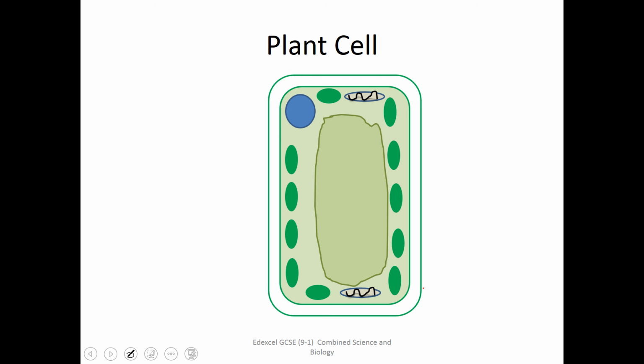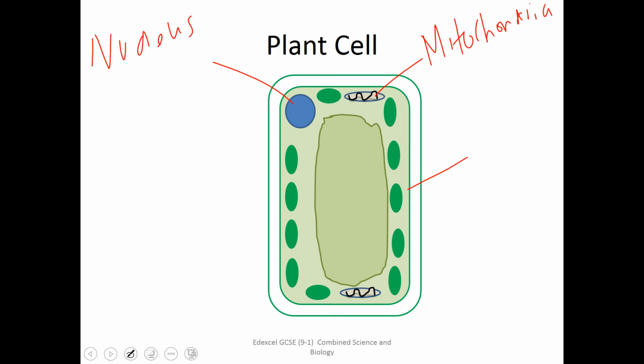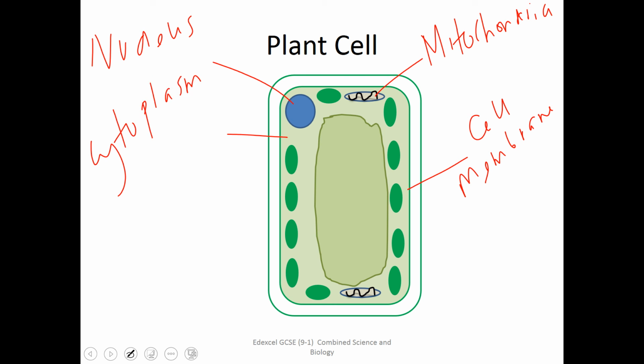So we've got the nucleus, we have the mitochondria, cell membrane, and cytoplasm. These are all common in both plant and animal cells.